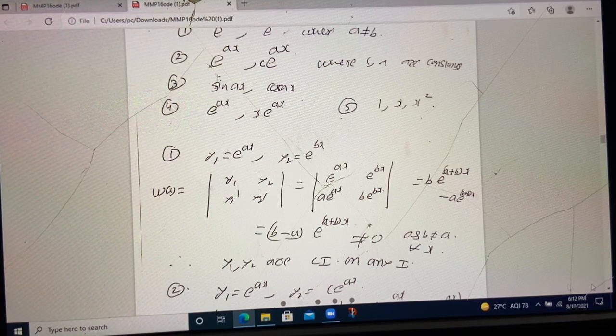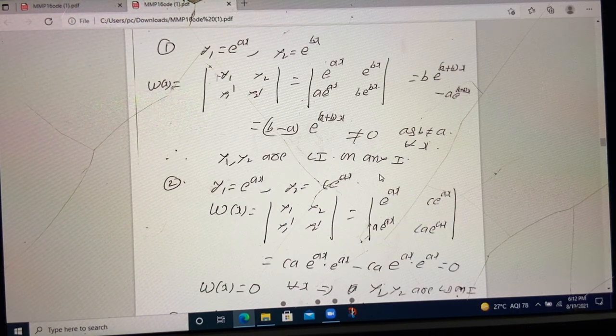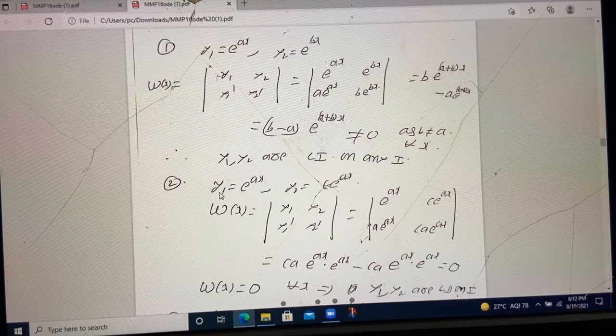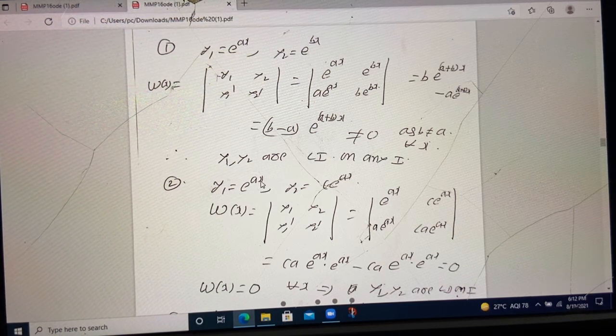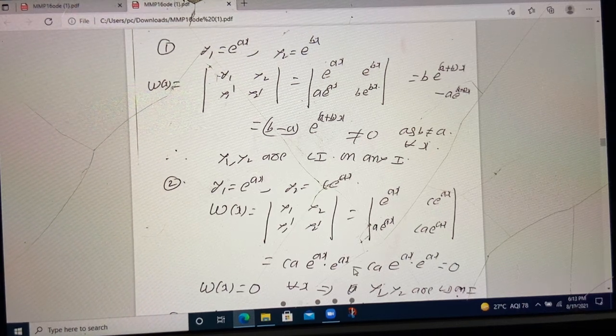Next, if you take y1 as e power ax and y2 as c e power ax, b equal to a, a constant times this. Whether they are independent or not, let us check. y1, y2, y1 dash, y2 dash. Find the Wronskian. So e power ax, c e power ax. The derivative of e power ax is a e power ax. The derivative of e power ax is a e power ax.